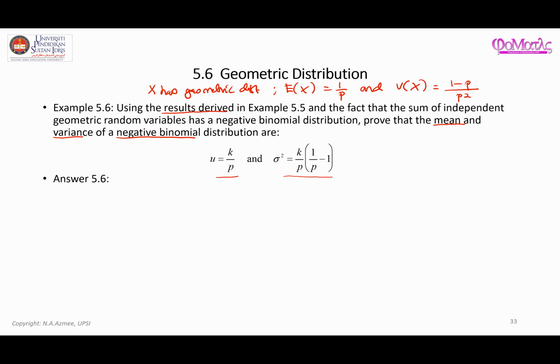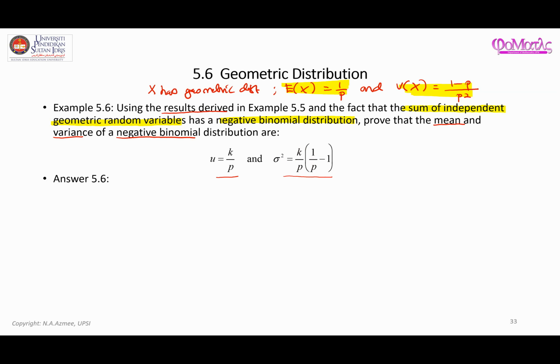We also need to use the fact that the sum of independent geometric random variables has a negative binomial distribution. We are going to use this fact and these results to prove that the mean and the variance of a negative binomial random variable are given by these expressions.